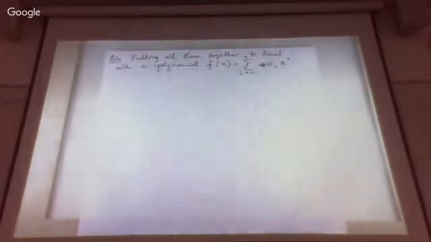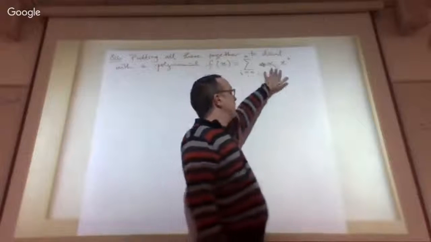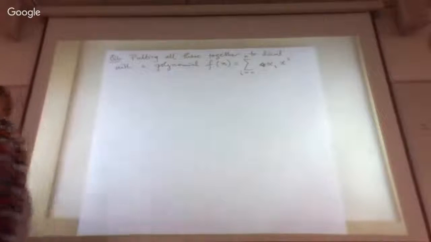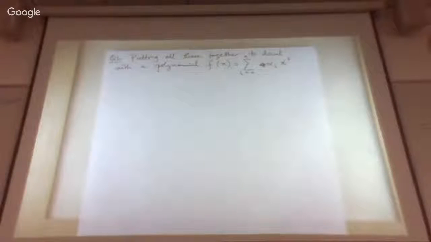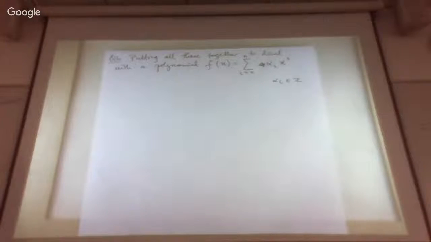Okay, so there's a general polynomial. It's the sum from i equals 0 to n of alpha i times x to the power of i. That could be any polynomial with integer coefficients, so the alpha i are integers. Everything's integers. I'm using alphas for the coefficients because I'm using a's all the time in the question, so I don't get confused. I want to show that f of a is congruent to f of a prime.